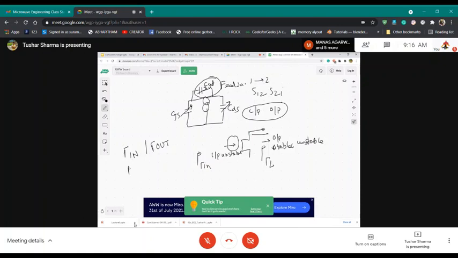So gamma in is a function of gamma L and S parameters, and gamma out is a function of gamma S and S parameters. This dependency on S and gamma L determines what your gamma in will be.